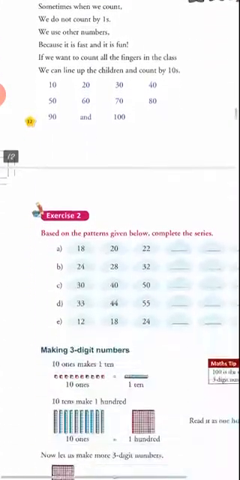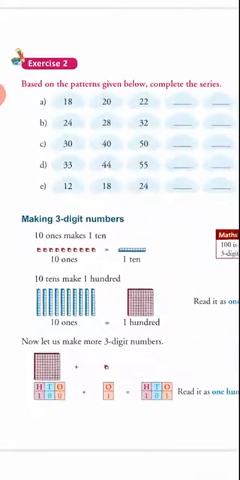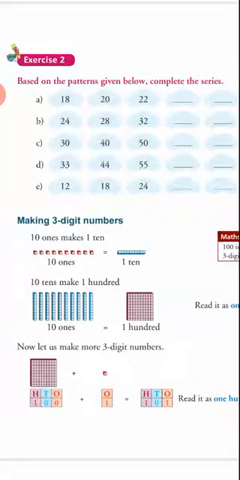Now after skip counting, what do you have? You have this question to do. Now let us move towards this question, where based on the patterns given below we have to complete the series. Come to the first part, that is 18, 20 and 22.